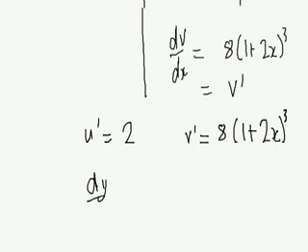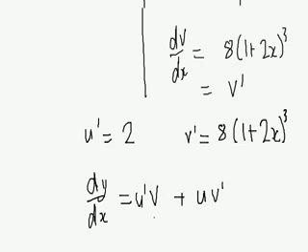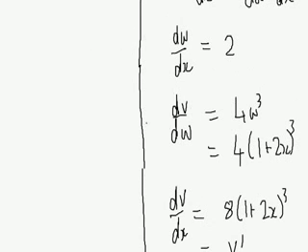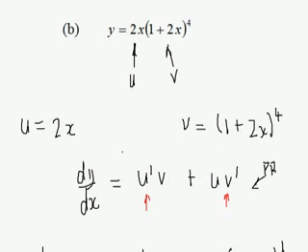Plus u v dash, or v prime, which gives us 2, and v, as we know, just taking you all the way back up here, v is equal to this term here.